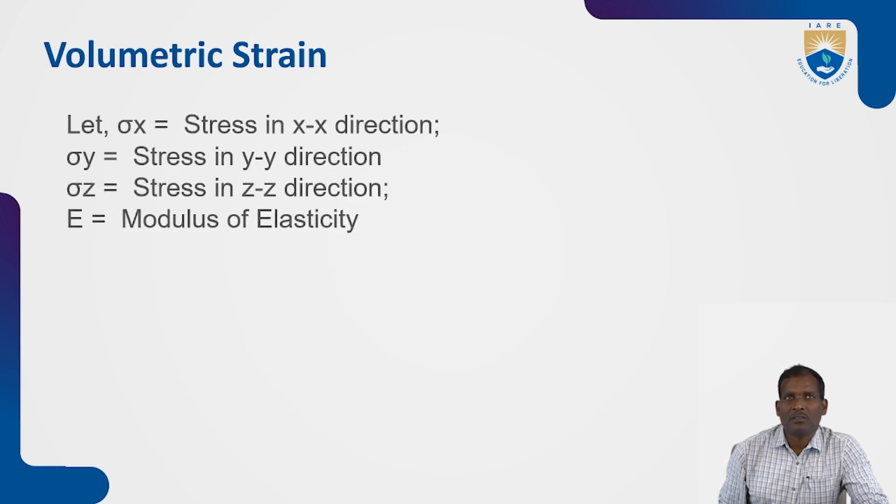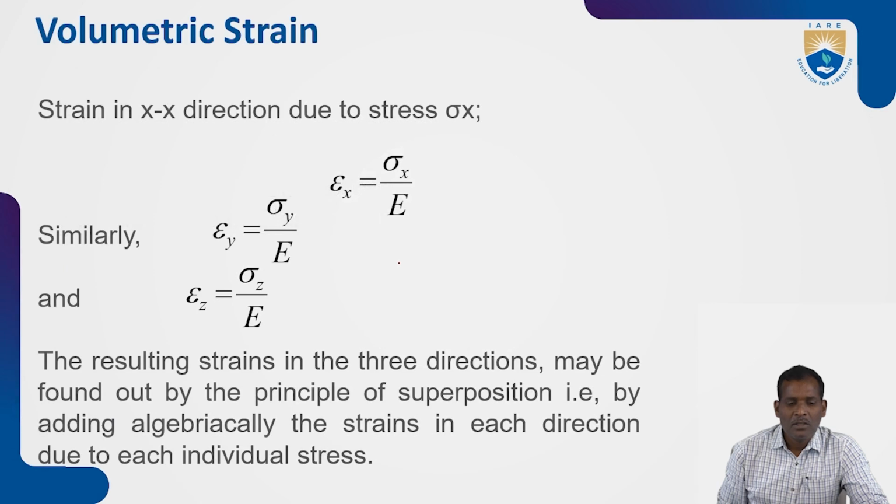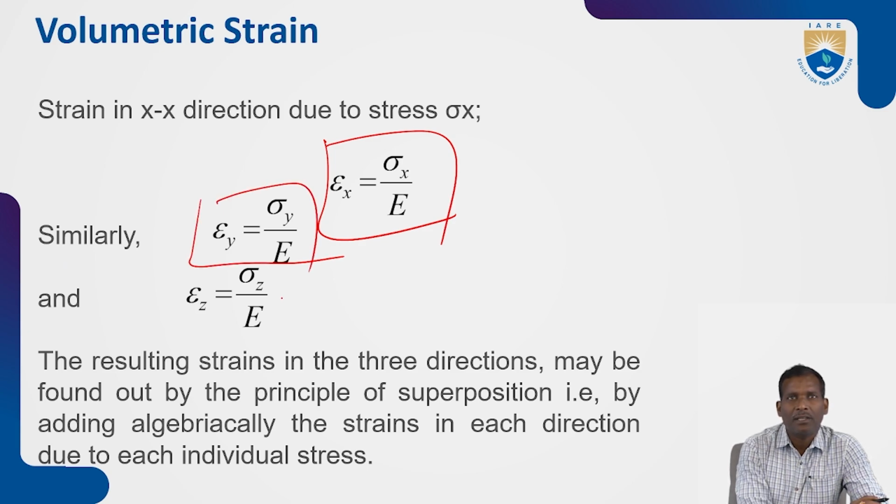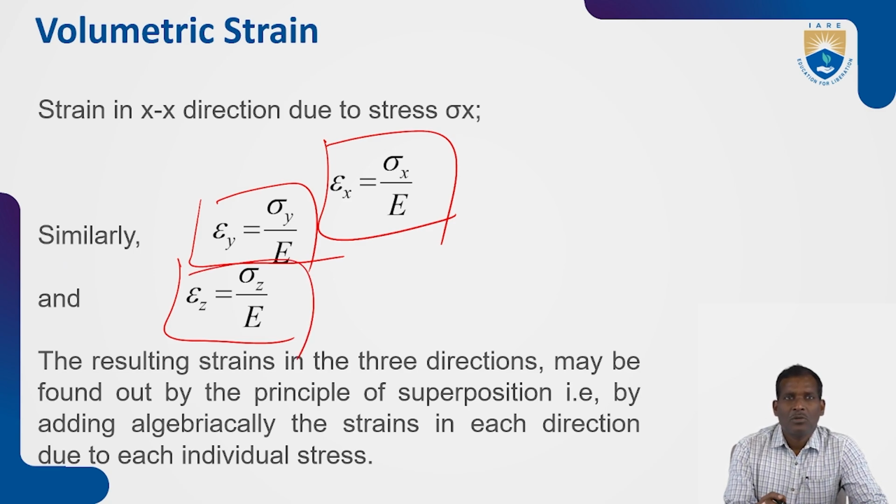Now let us assume sigma x is the stress in x direction, sigma y in y direction, and sigma z in z direction, and E is the modulus of elasticity. The strain in x direction due to stress is stress upon E. Similarly, sigma y by E in y direction, and the strain in z direction is sigma z by E. So the resulting strains in the three directions may be found out by the principle of superposition.